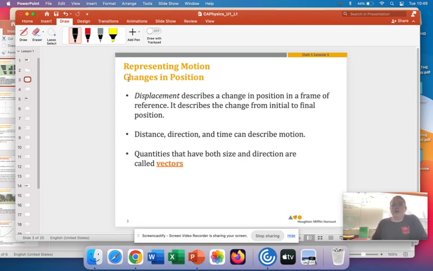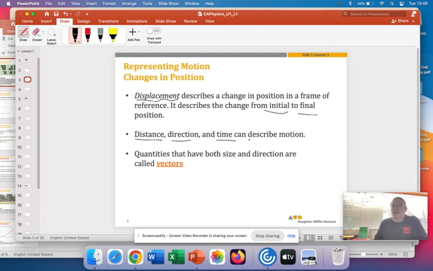So if I want to talk about how something has changed in position, I'm describing its displacement in a frame of reference, the change from initial to final position. Where did it start initially, and where did it end up finally? To do this, we have to discuss the distance, the direction, and the time.